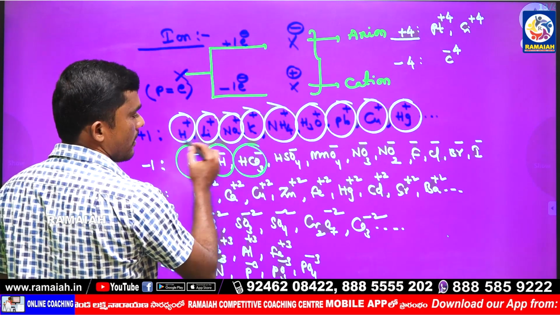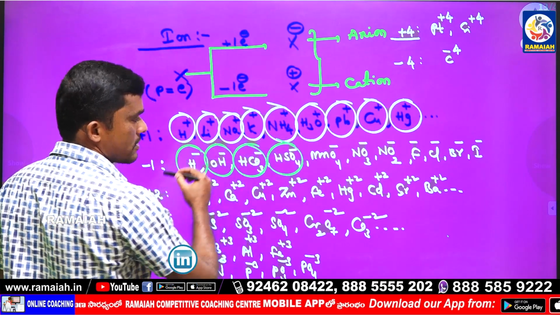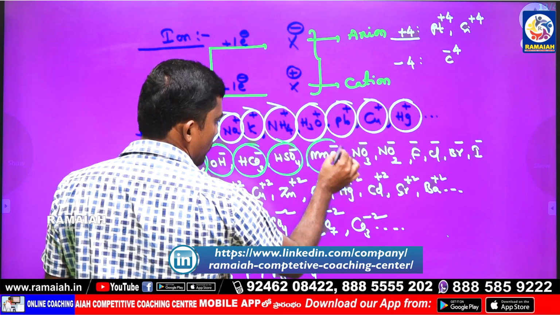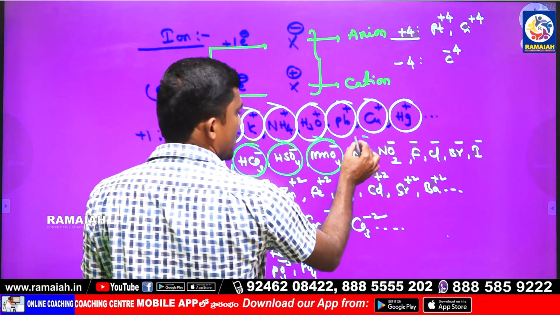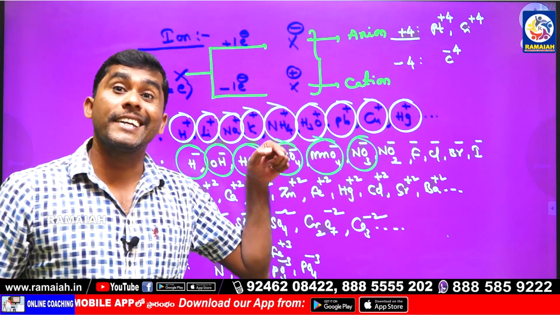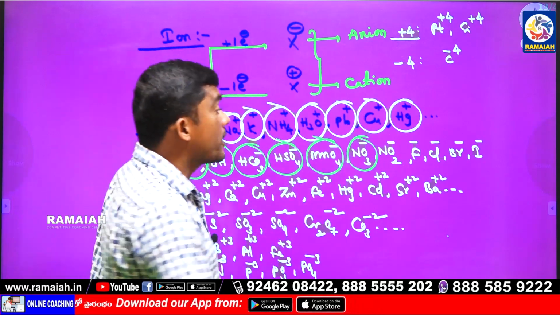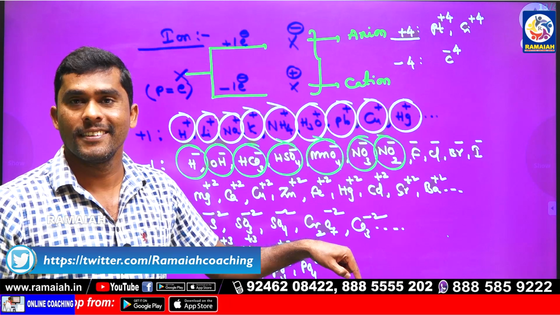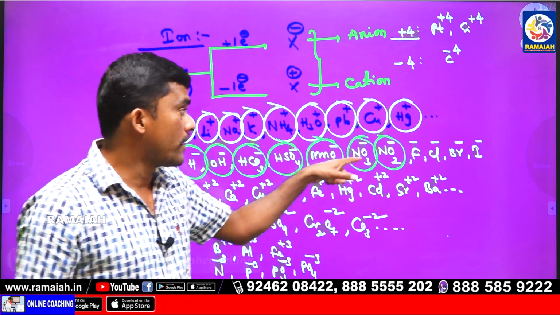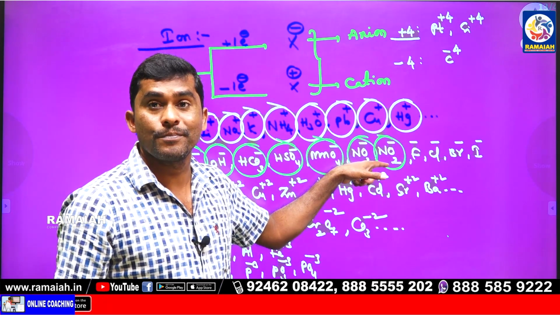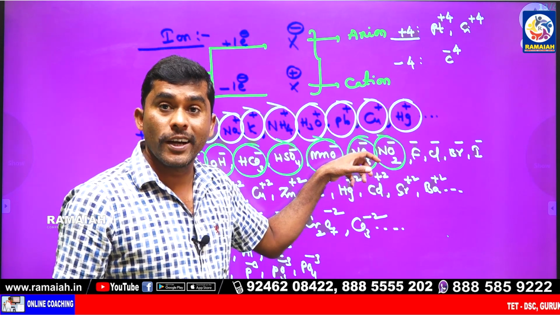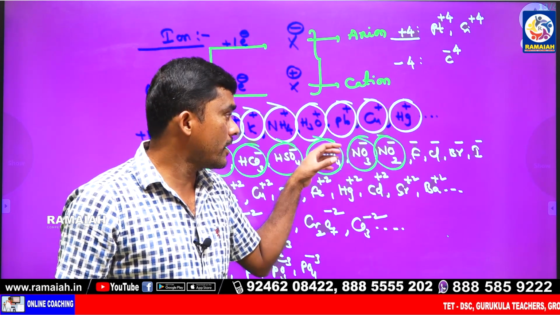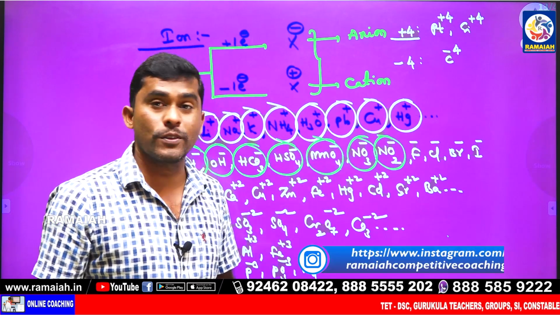HCO3 minus bicarbonate, HSO4 minus bisulfate, MnO4 minus permanganate, NO3 minus nitrate, NO2 minus nitrite. So here we remember, this one is a nitride. So we identify the relation between NO2 minus and NO3 minus.